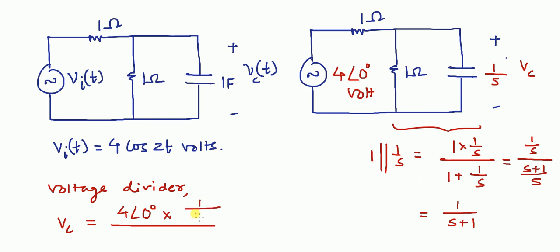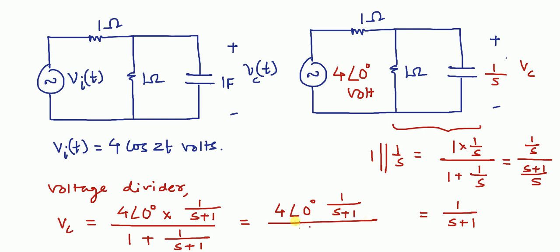So it is 1 over s plus 1 divided by 1 plus 1 over s plus 1. So this one is now 4 at an angle 0 into 1 over s plus 1 divided by (s plus 1 plus 1) over s plus 1.